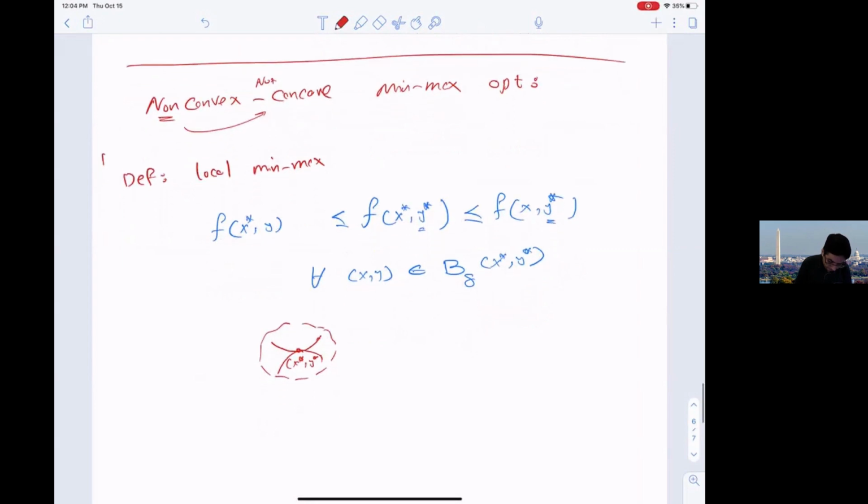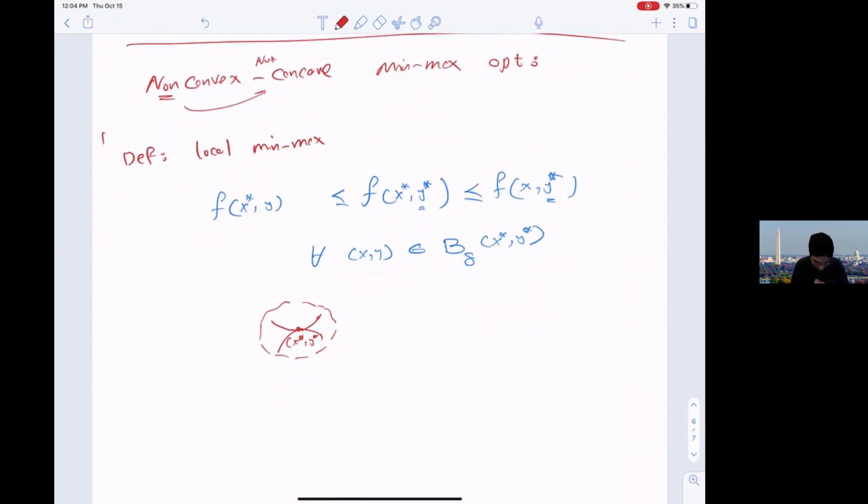Okay, in this case, we are also interested in the stability of these solutions. So what do I mean by stability? I may not be able to find a global saddle point. I may end up at a point, X star and Y star, that is a local min-max.